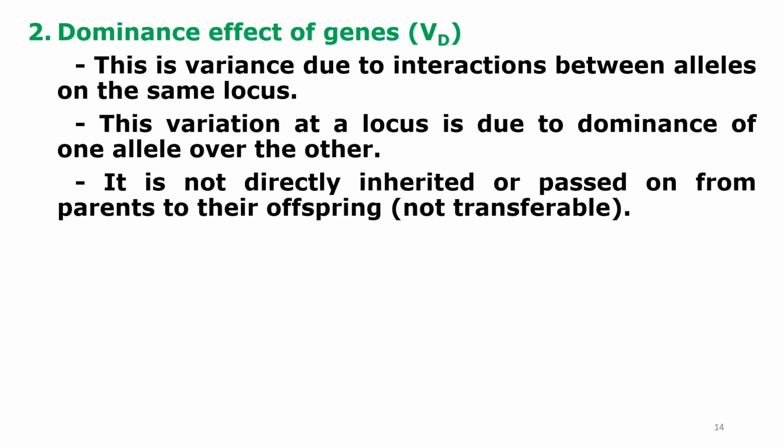There is also the dominance effect of genes, represented by VD. The dominance effect of genes is the variance due to interactions between alleles of the same locus. This variation at a locus is due to the dominance of one allele over the other, and this is not directly transferable from parents onto their offspring.